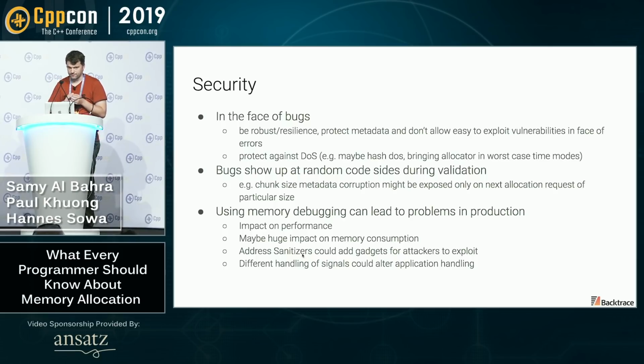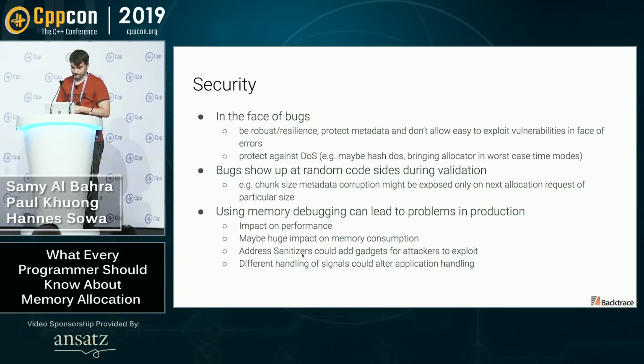If you think about walking a linked list and checking every element, it depends on when the element is inserted and when a particular data structure of your metadata is overwritten, when the actual detection from the malloc implementation will abort your program.